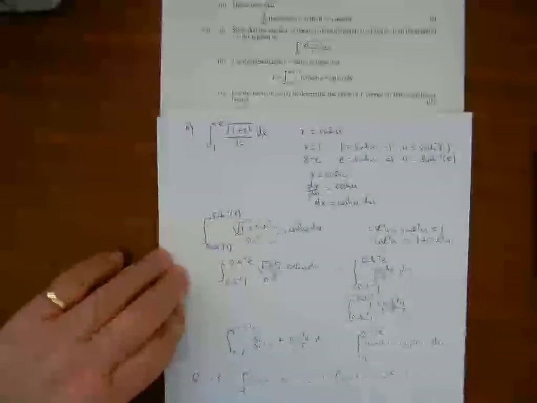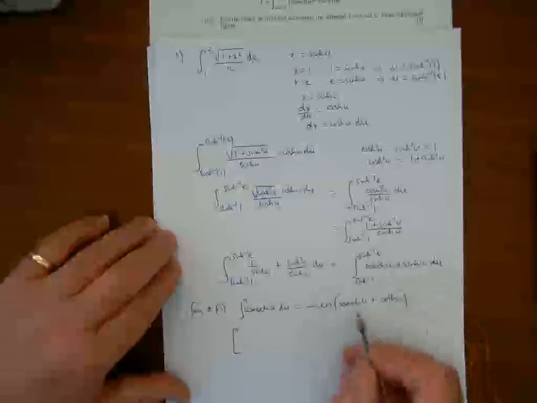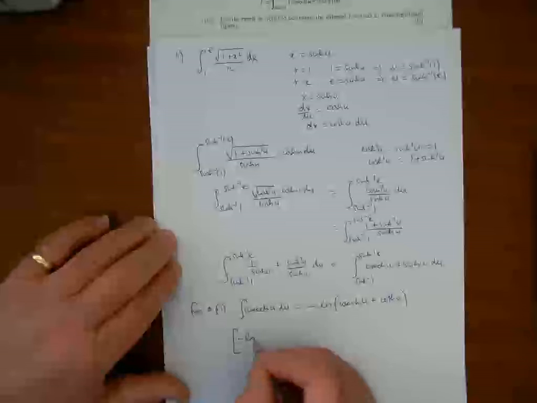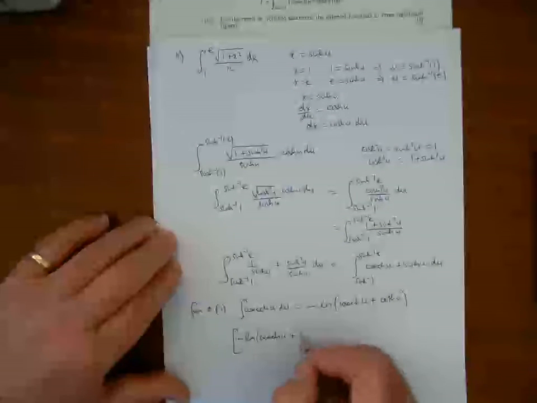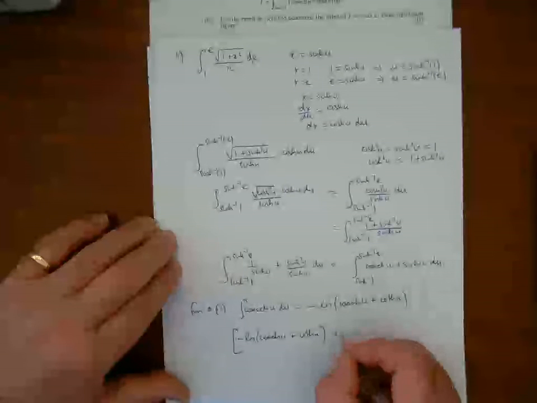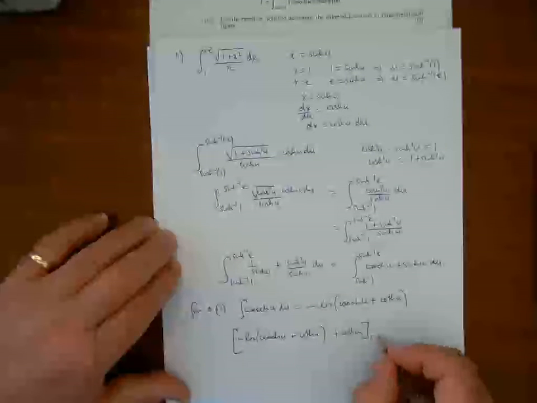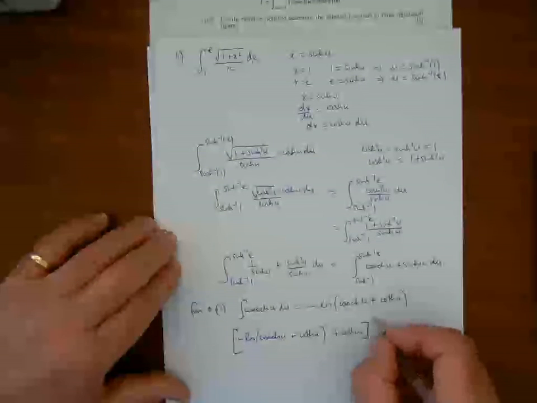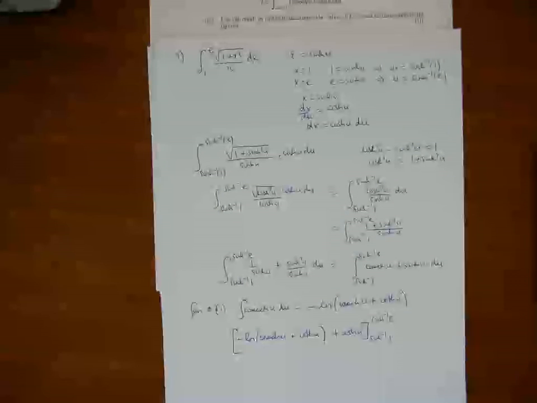So integrating what I've got, the integral of cosec u is this, minus the log of cosec u plus cos u, and the integral of sin u is cos u. I put the limits in from sinh to minus 1 of 1 to sinh to minus 1 of e.